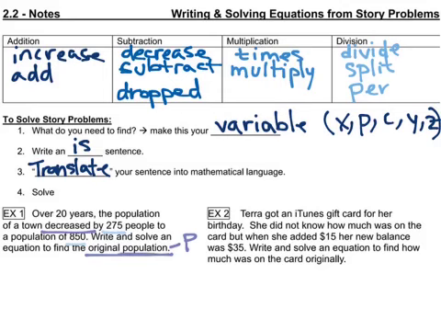So we take our original population, and we know that over 20 years the population decreased. So what does decrease make you think of? Subtraction. So the population decreased by 275 people. So if I take my original population and that decreased by 275 people, wouldn't that equal 850?